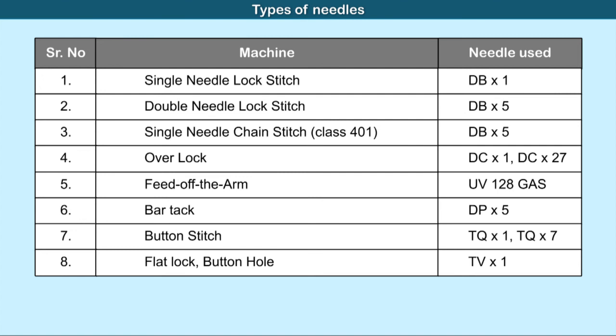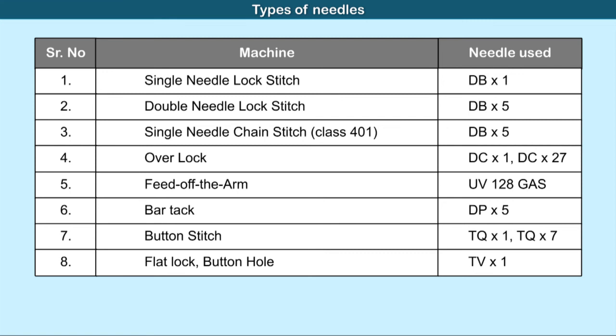For single needle Lockstitch machine, the needle used is DB cross 1. For double needle Lockstitch machine, the needle used is DP cross 5. Single needle chain stitch machine, that is class 401, the needle used is DB cross 5.